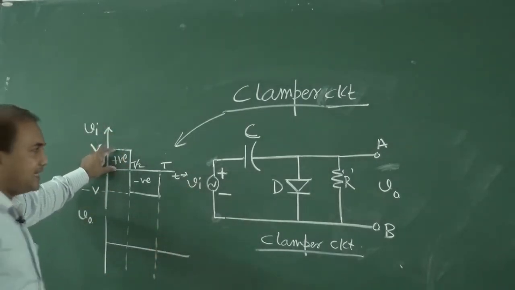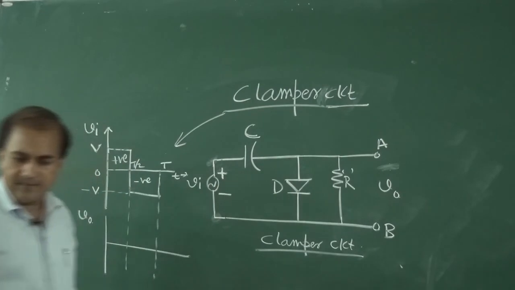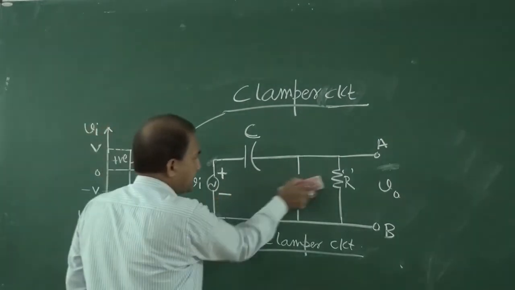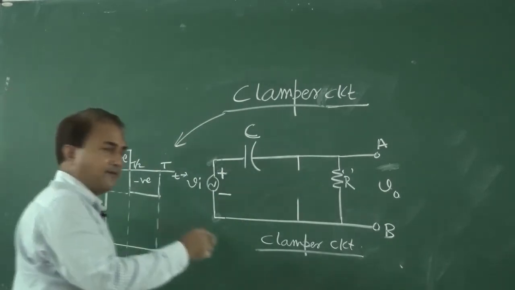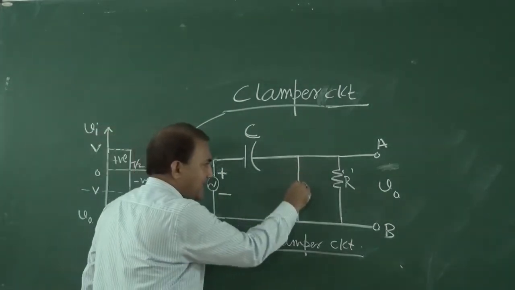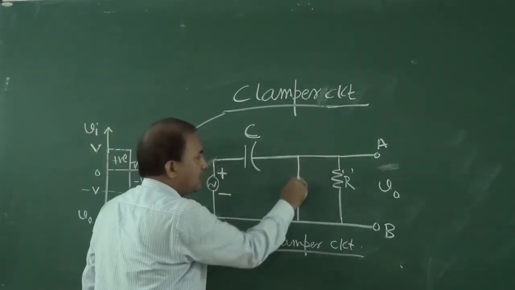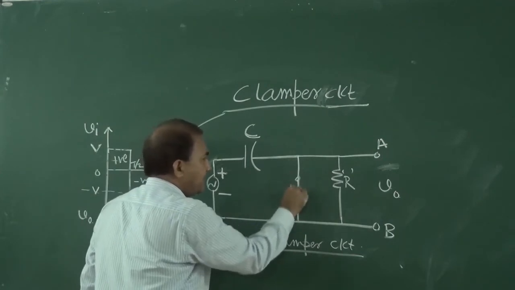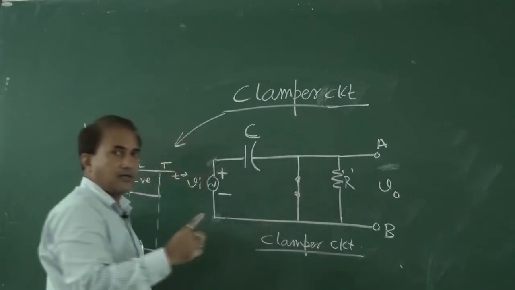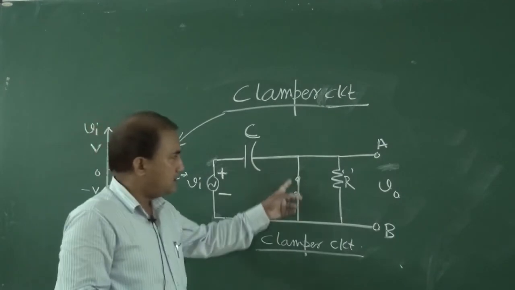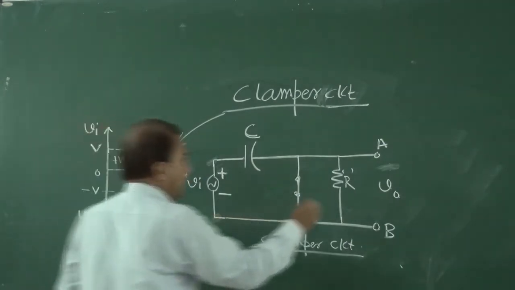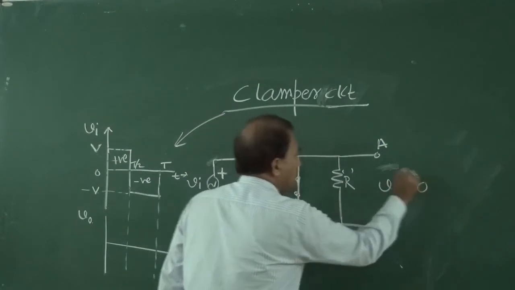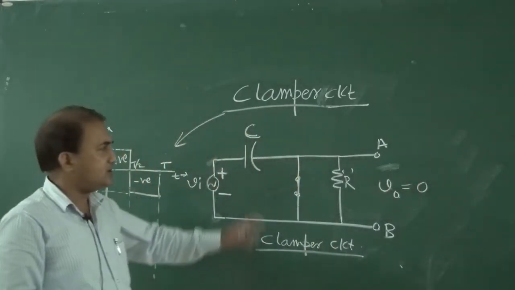Because of this, for the positive half cycle, this diode will be in forward bias condition. If we consider it as an ideal diode, it will be replaced with a short. Now V output is equal to 0. Why?